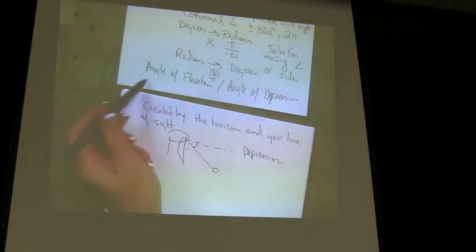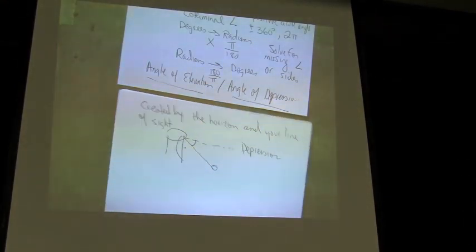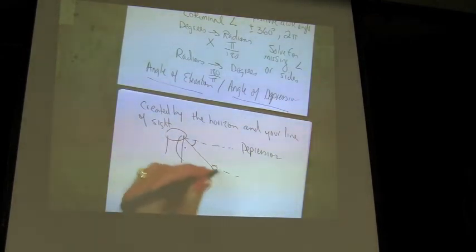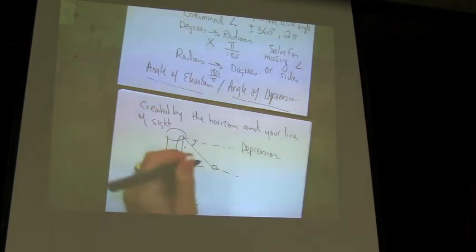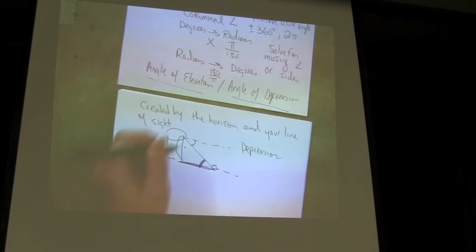So anytime they talk about an angle of elevation or depression, keep in mind that it's created by the horizon, meaning a horizontal line where you are, okay, and your line of sight. And so at that point, this is the angle you're going to use for your triangle right here.